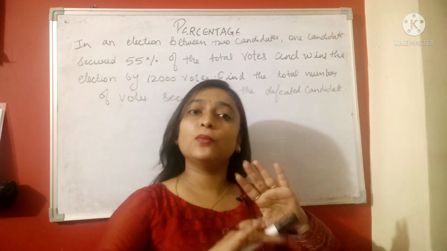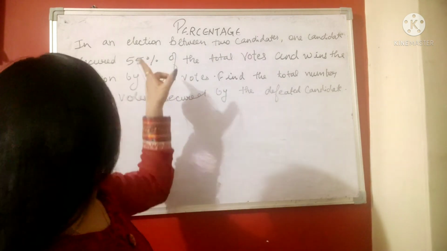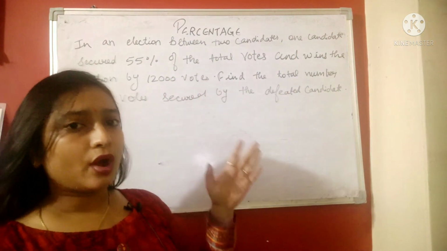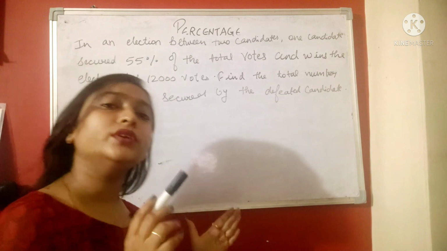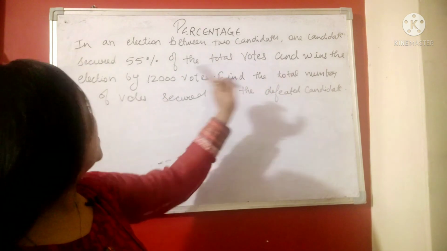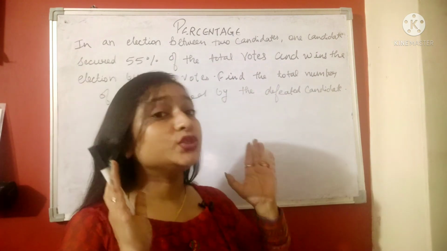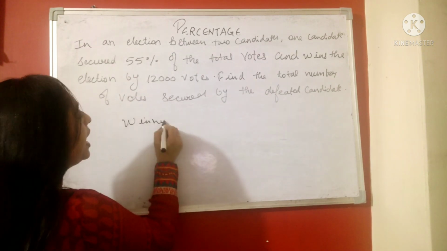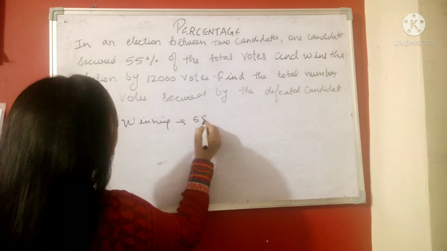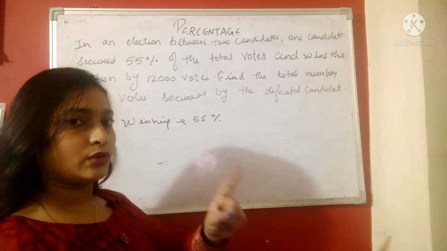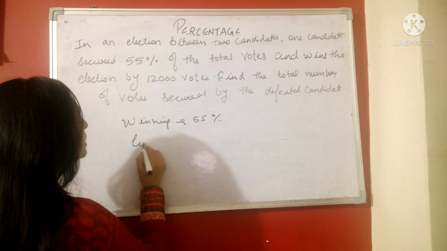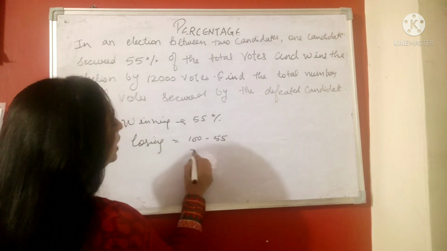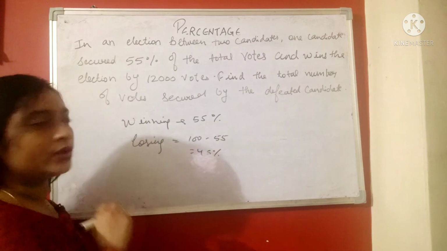Now let's come to the election question. This type of question is found in almost all the books, right? In an election between two candidates, one candidate secured 55% of the total votes and wins the election by 12,000 votes. If the winning candidate has got 55% of the vote and the total is 100% only, then the losing candidate would have got 100 minus 55, that is 45% of the vote, right?